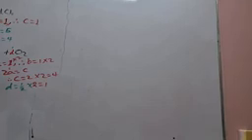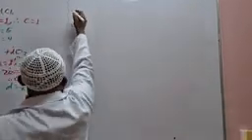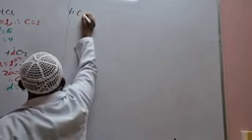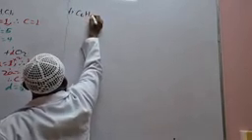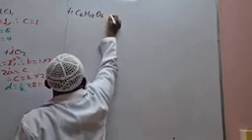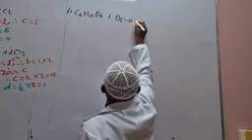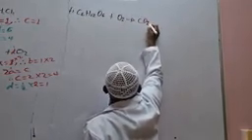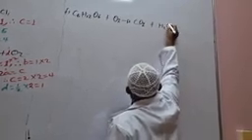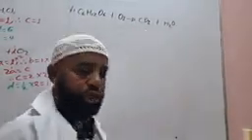Then we come to the next question, for example question number 4, F. When glucose burns in our body cells with the help of oxygen, carbon dioxide gas and water vapor will be released.